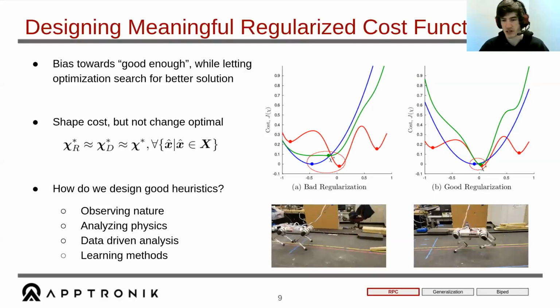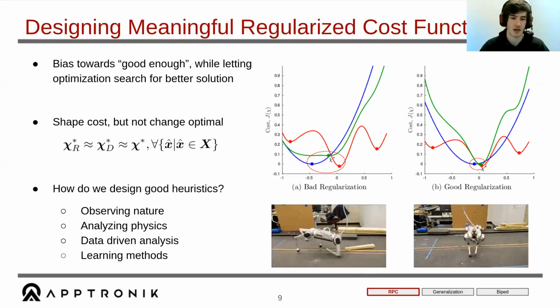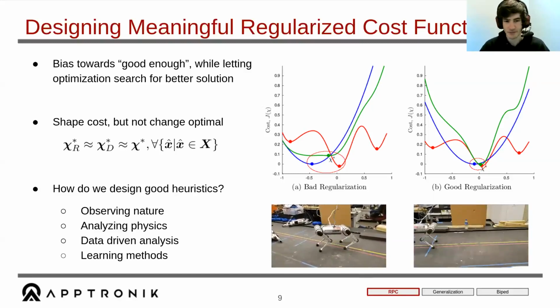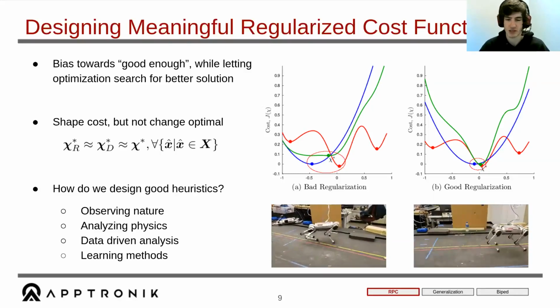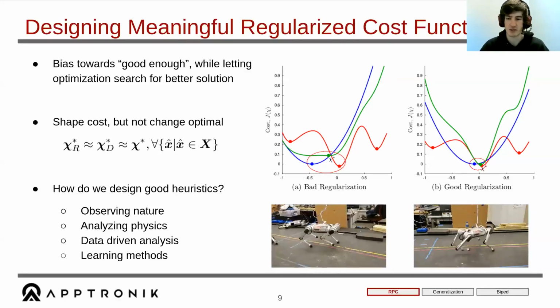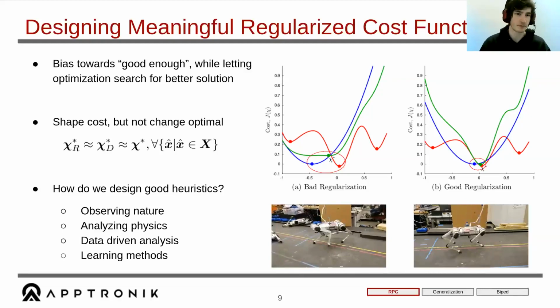And maybe that's a good heuristic to kind of feed back and make the optimization stronger. And then finally, these learning methods of how to actually just come up with these heuristics without needing any kind of intuition and just being able to let the robot figure it out on its own.